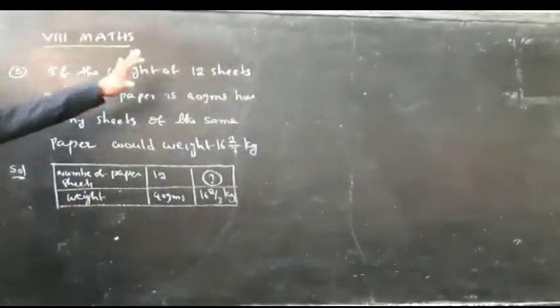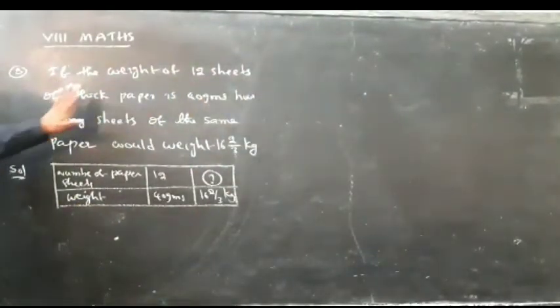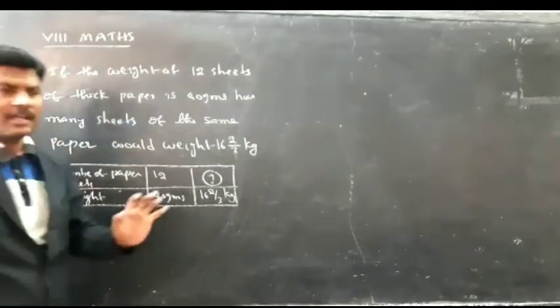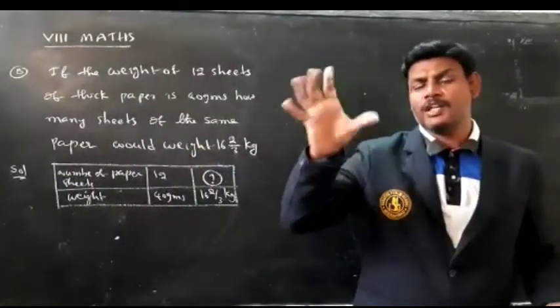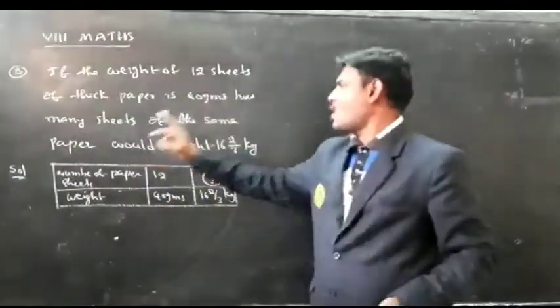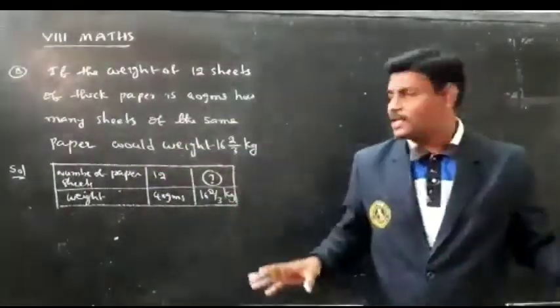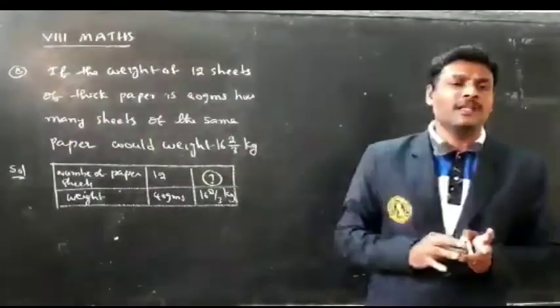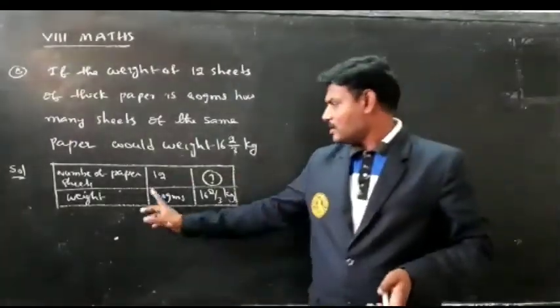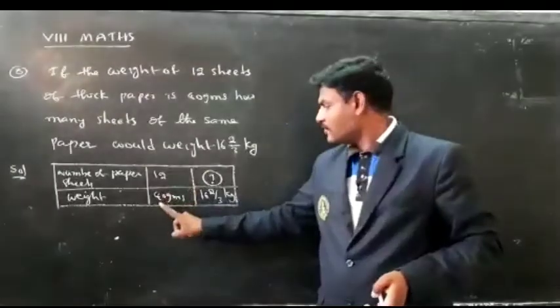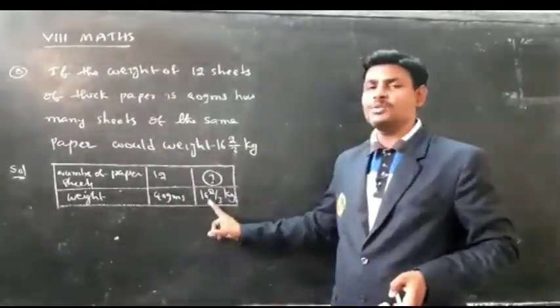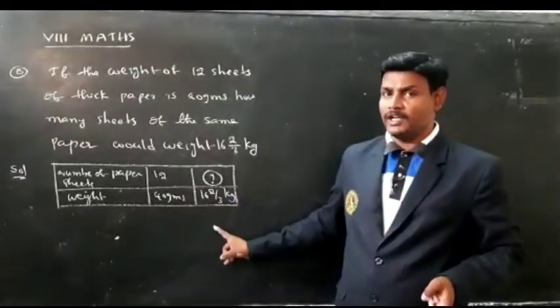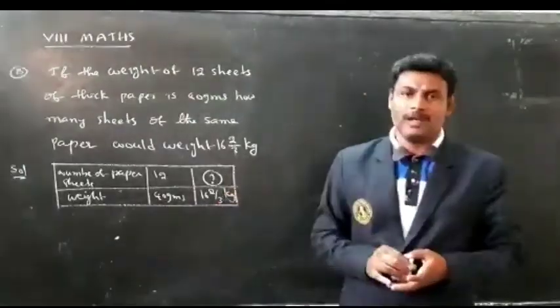If the weight of 12 sheets of thick paper is 40 grams, how many sheets of the same paper would weigh 16 2 by 3 kgs? Okay, now 12 sheets weigh 40 grams, then 16 2 by 3 kgs of weight, how many papers are required?